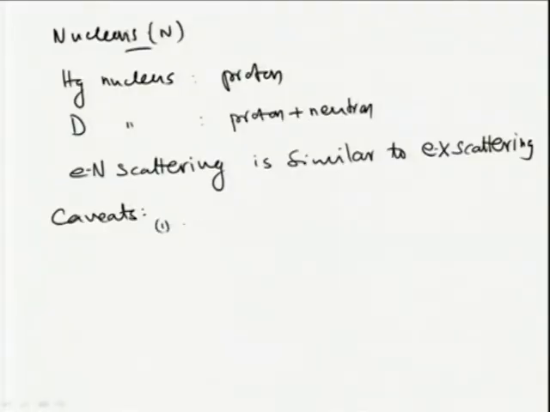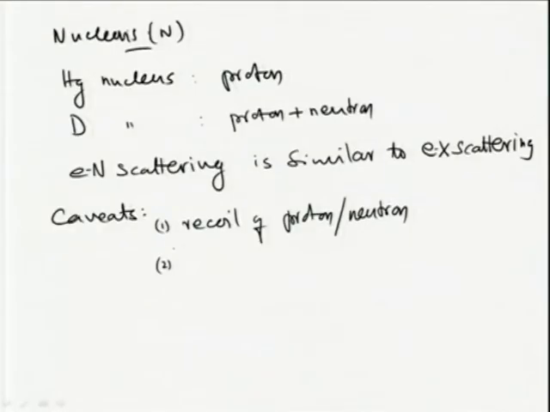So, one is the recoil of the proton or neutron. Second is that, as we said, we have to go to higher energies, GeV energies, so for the projectile motion, relativistic effects have to be considered.